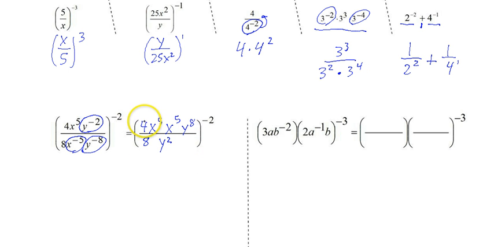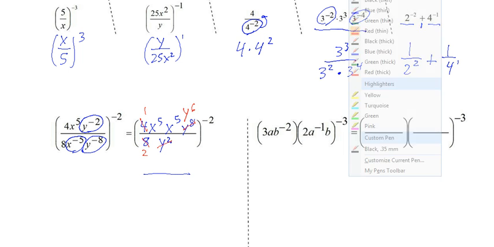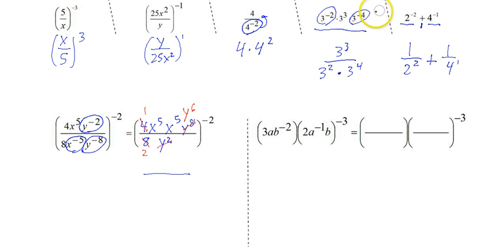Now we can simplify. So this would give us 1 and 2. That y squared will cancel that one and leave us with y6. So we're left with x10, y6 over 2. Okay, and then now we can move on to the second step of order of operations, which is exponents. And since we have a negative on the outside, we must use our ticket, which allows everything to flip, to travel.